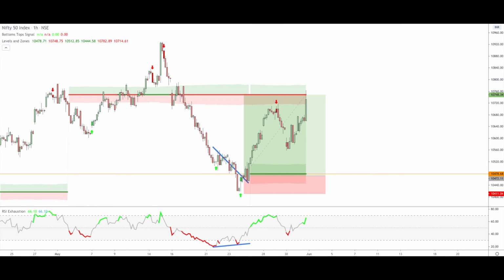So guys, never get emotional. When you do the analysis, if the analysis is simple, you can clearly see where the market is going. If you're using simple indicators, simple tools, just like the ones we are using here, then you can clearly see where the price will move.